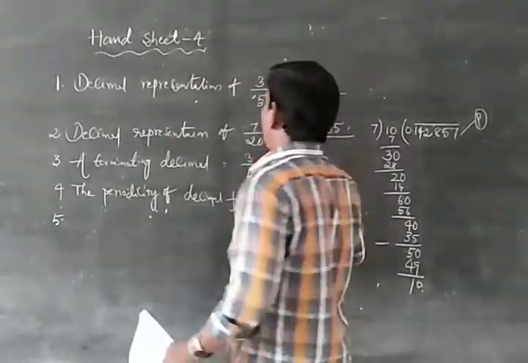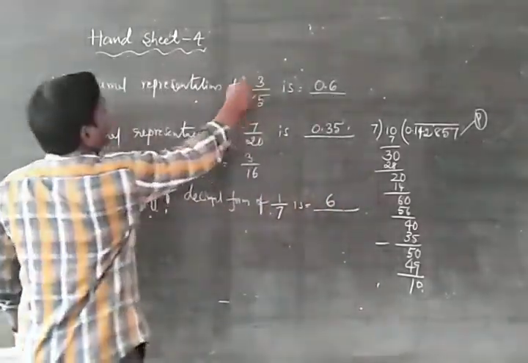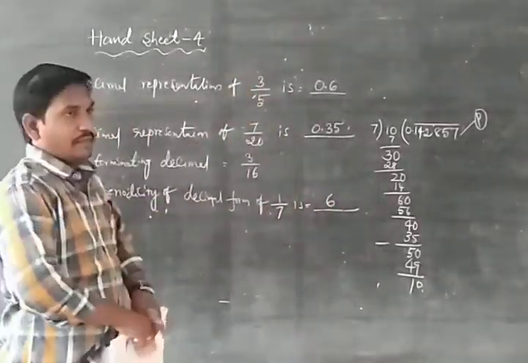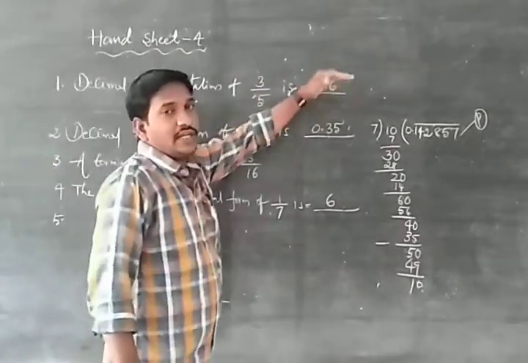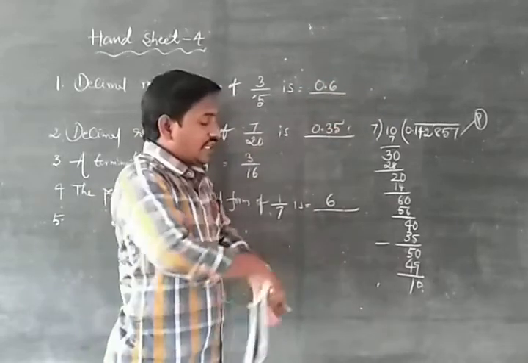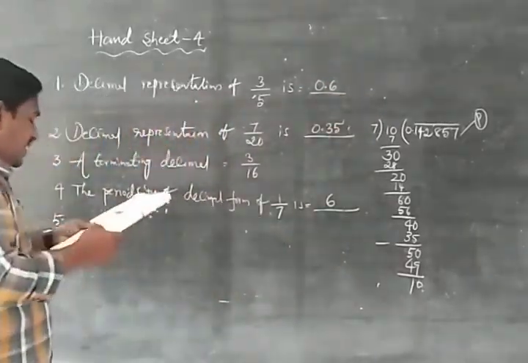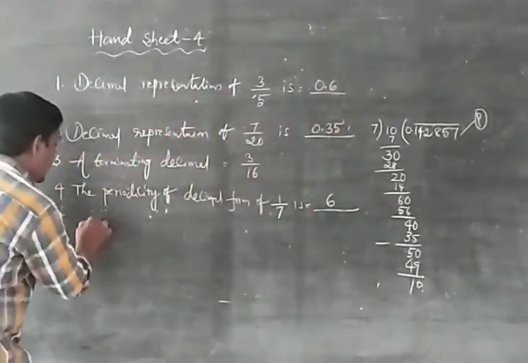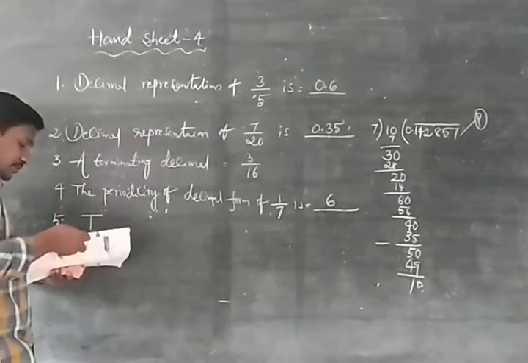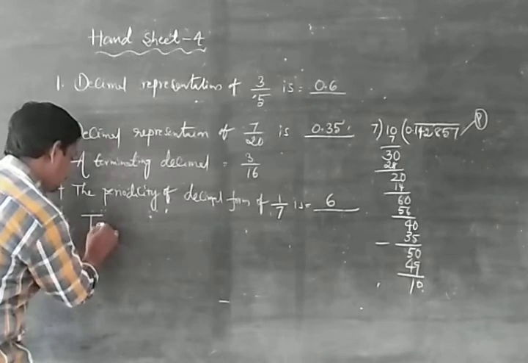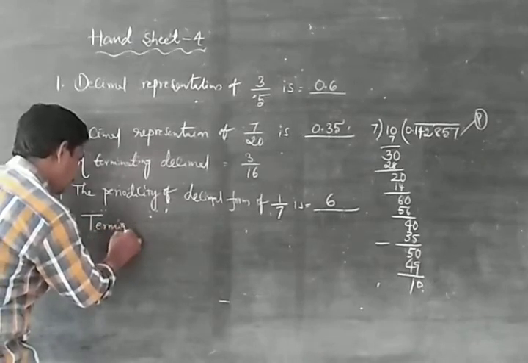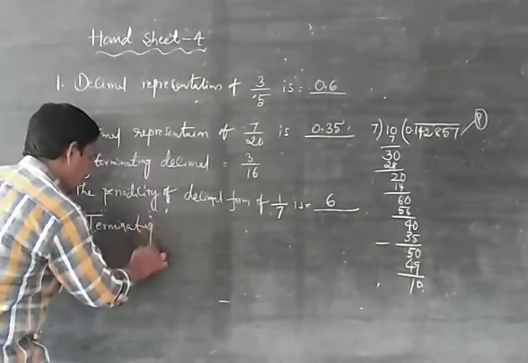When we change p by q form numbers or fractions into decimal form, if it terminates, that is called terminating decimals.